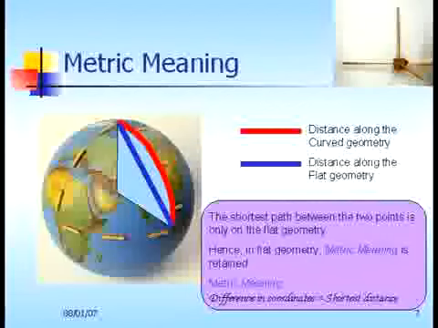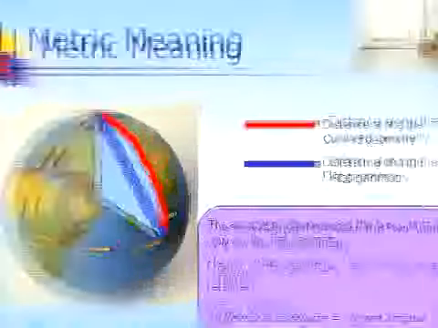Hence, the shortest path between 2 points is only there on the flat geometry and the metric meaning is hence retained. This is the summary of the metric meaning in flat geometry.